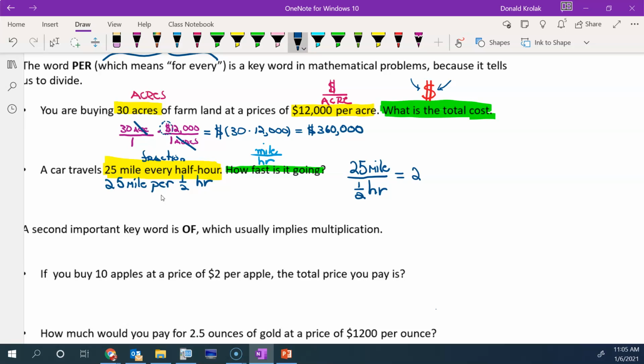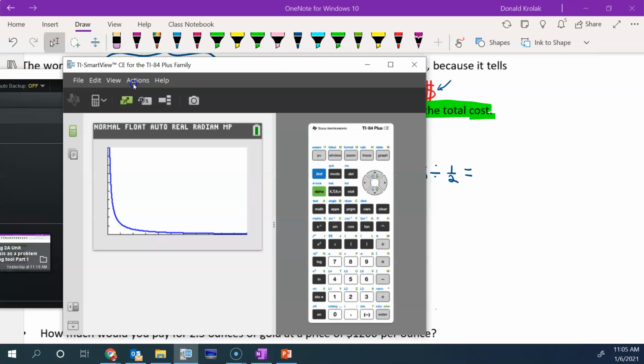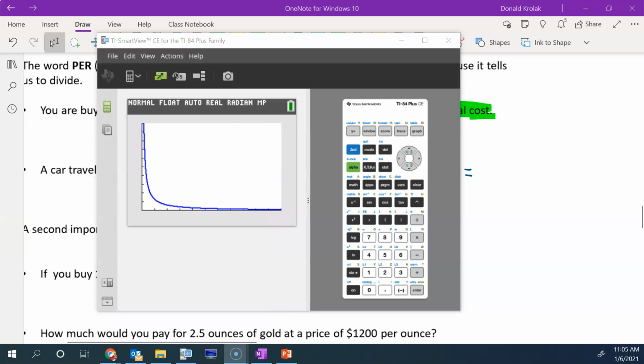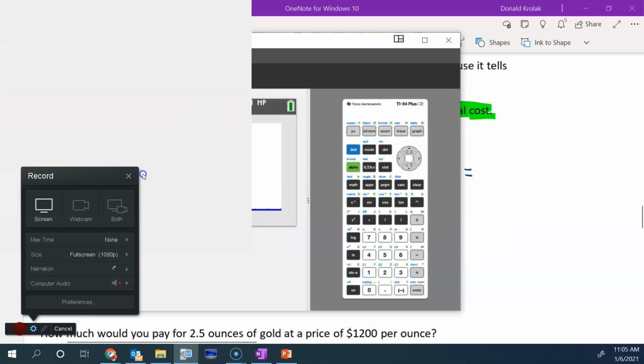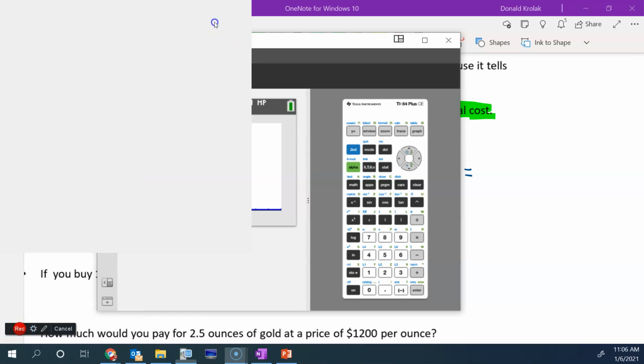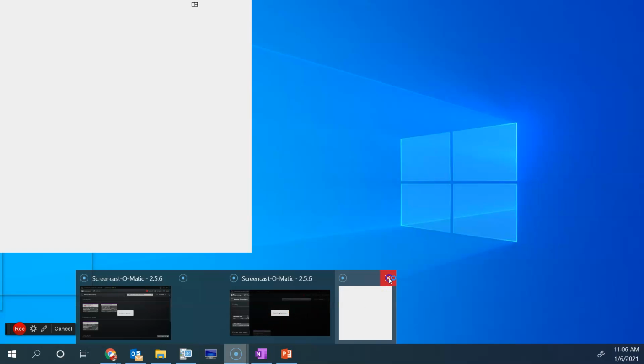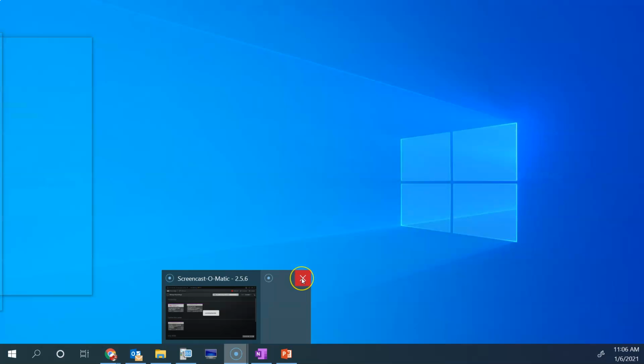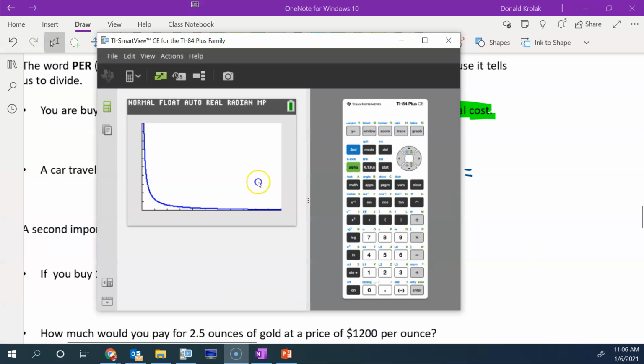So to get that, we're just doing 25 divided by 1/2.